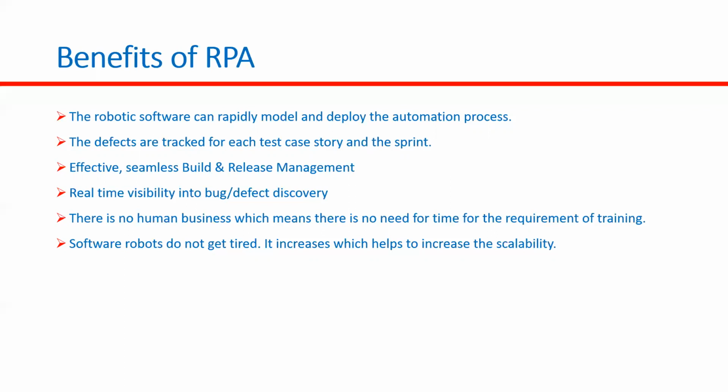Software robots do not get tired, which helps to increase scalability. Once the automation process is done and we deploy the bots, that bot can run 24/7, so that we can increase the scalability.